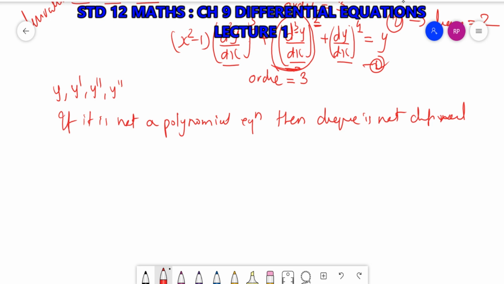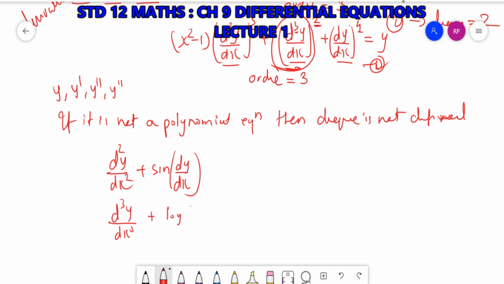But if the equation is like d square y by dx square plus sine dy by dx, or d cube y by dx cube plus log dy by dx equal to 0, then this is not in polynomial form due to sine, and here due to logarithm. In such types, the order is defined, but the degree is not defined. So you have to write down that the degree is not defined.